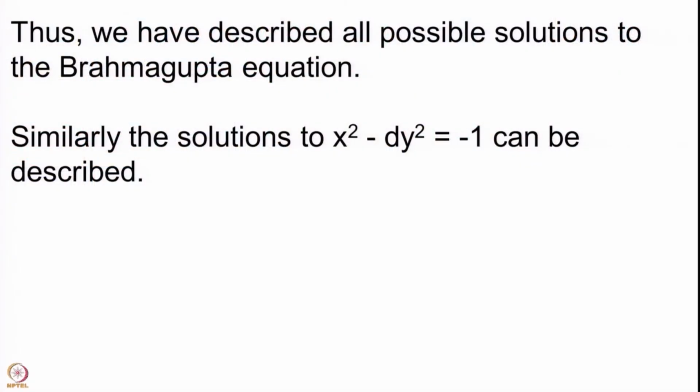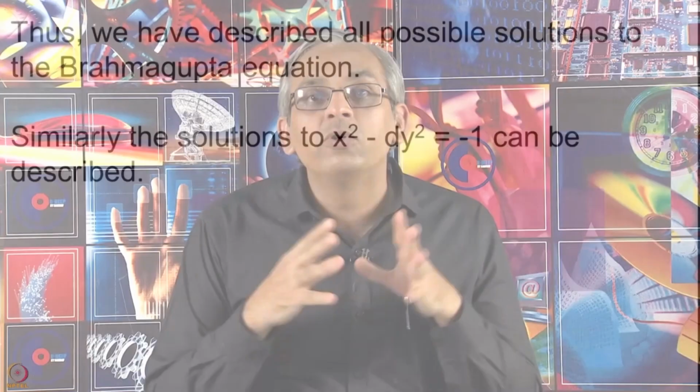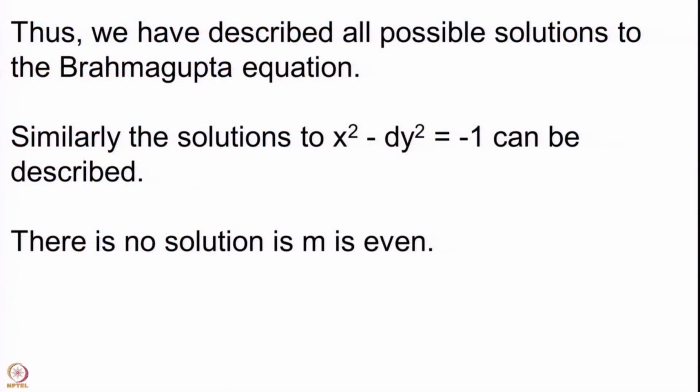There is also this x square minus dy square equal to minus 1. We will simply mention the solutions to this, but we will not have time to prove this. The answer is that when m the period, when that period is even, there is no solution. So, remember for root 3 we had the continued fraction expansion which was 1 comma 1 2 bar.